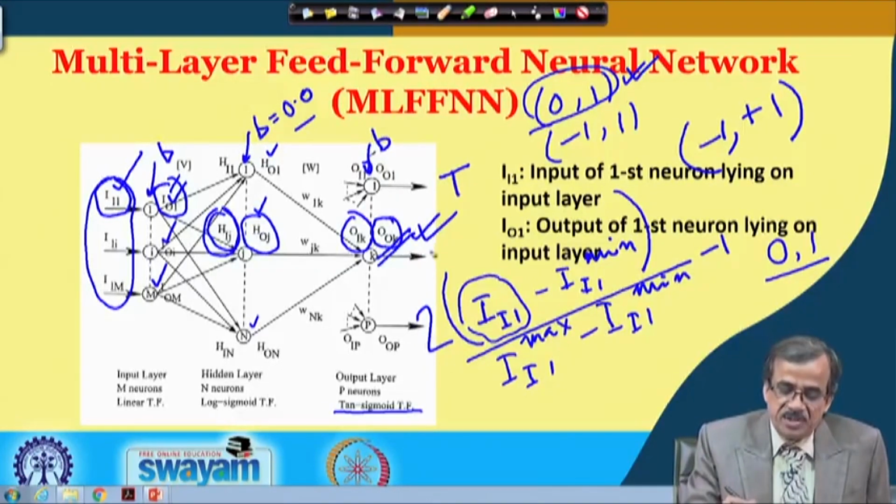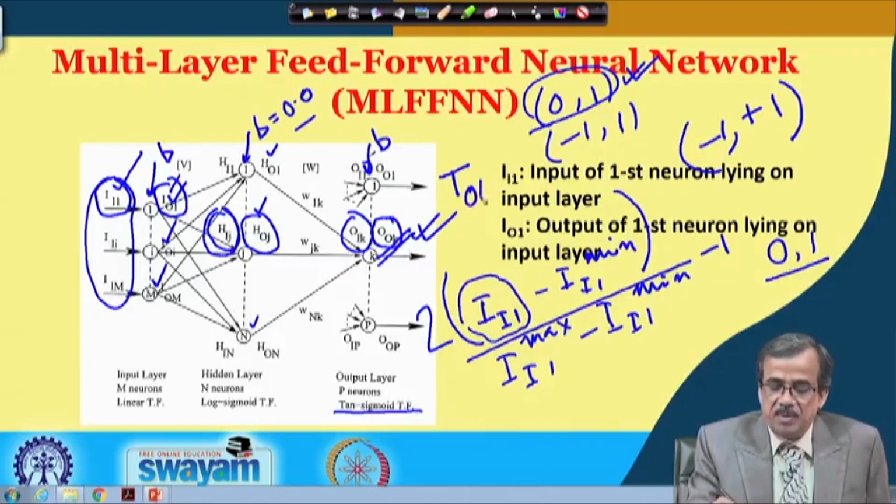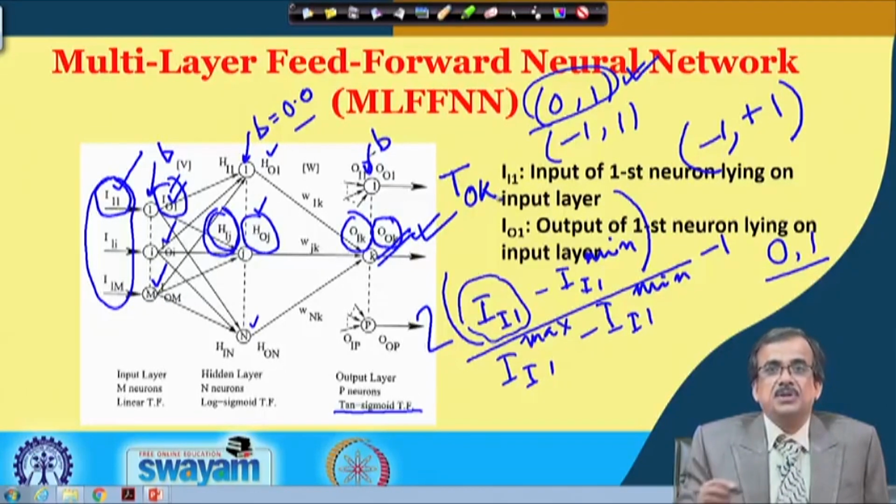That means O_Ok is the calculated output of the kth neuron lying on the output layer. I can also write T_Ok is the target output of the kth neuron.